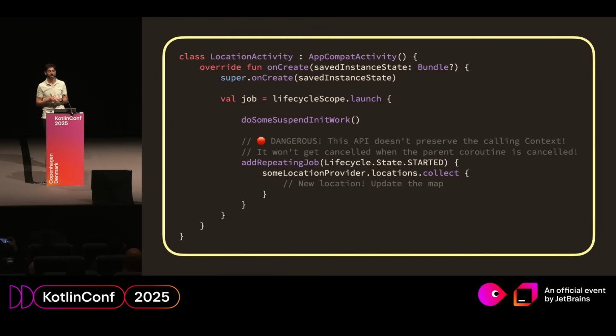So even if you think this is a very nice API, it is not respecting structured concurrency, and that's why we ended up removing it. This is something that we learned along the way, and we stepped back and rethought what we wanted to do.